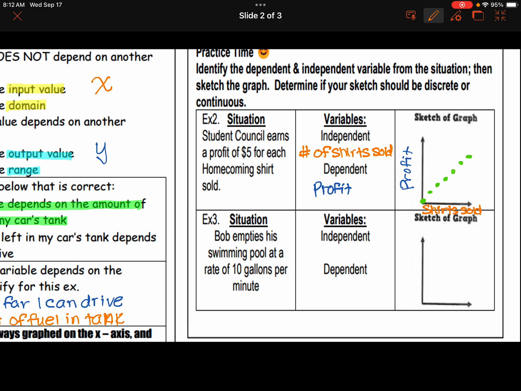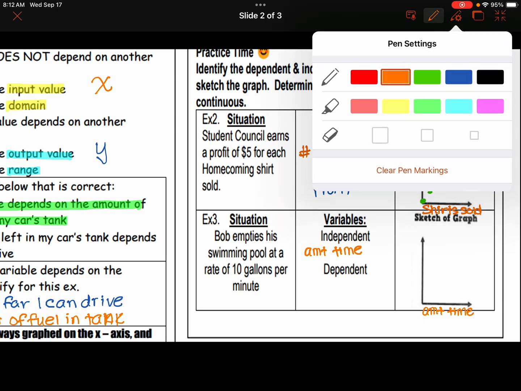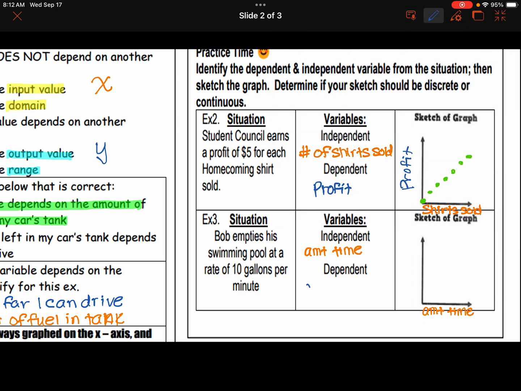He empties his swimming pool at a rate of 10 gallons per minute. Okay, so the independent is the amount of time. And the dependent would be the amount of water in the pool.